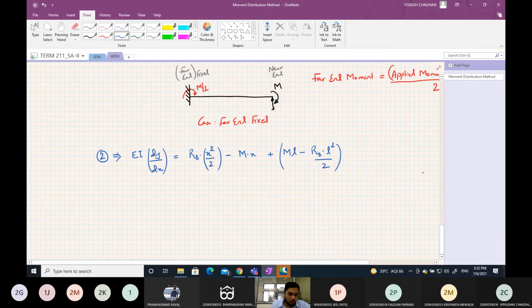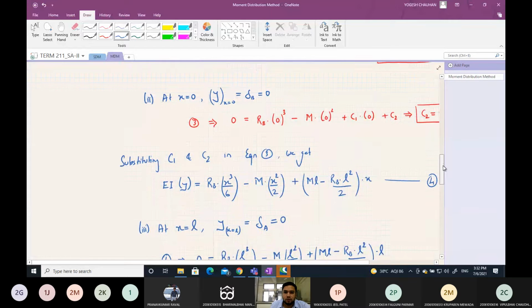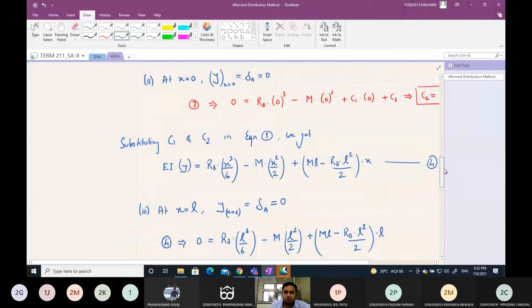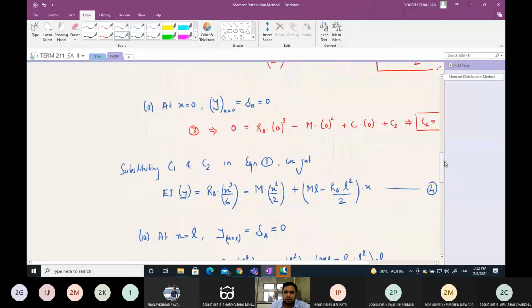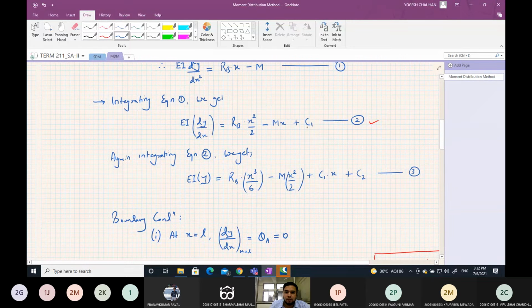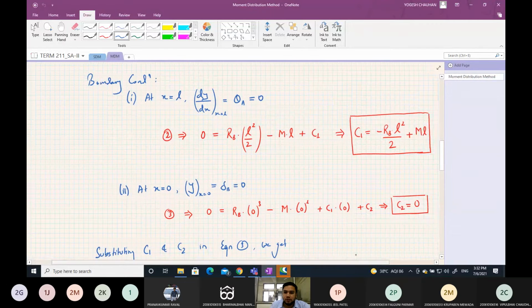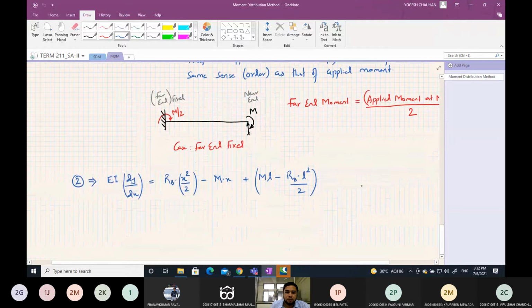Okay, this is equation number 2, we are substituting the value of C1. The value of C1 is minus RB L square by 2 plus ML. So the same is substituted here. Mark this as equation number 5.